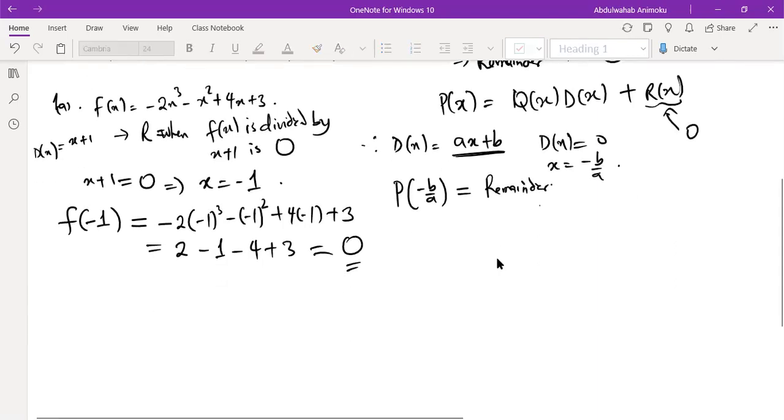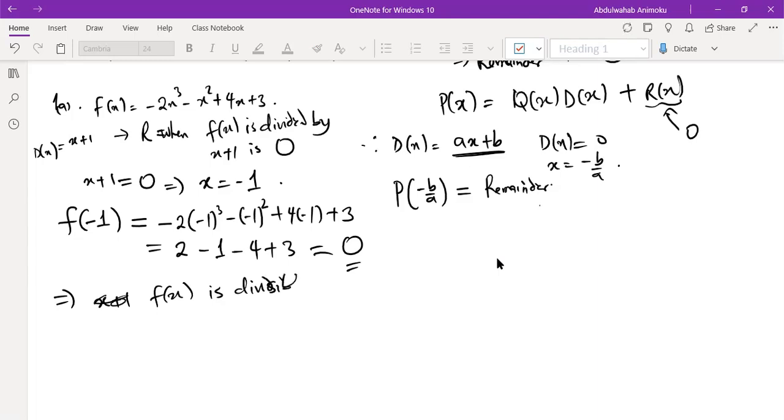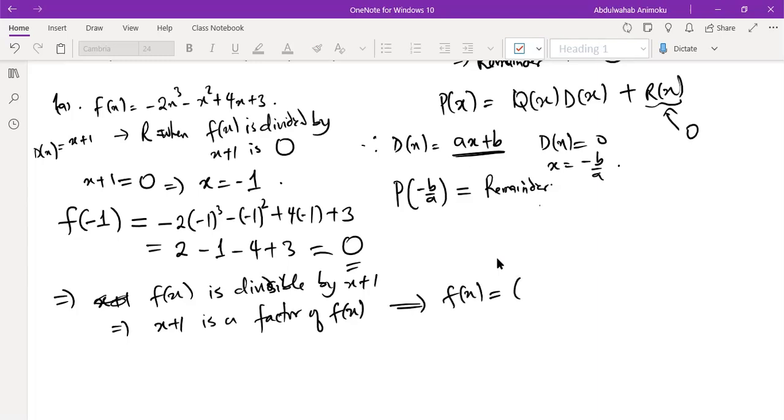So because of that, we can conclude that f of x is divisible by x plus 1. In another way, this means that x plus 1 is a factor of f of x. And what does this mean? It means we can write f of x as x plus 1 times another polynomial q of x.